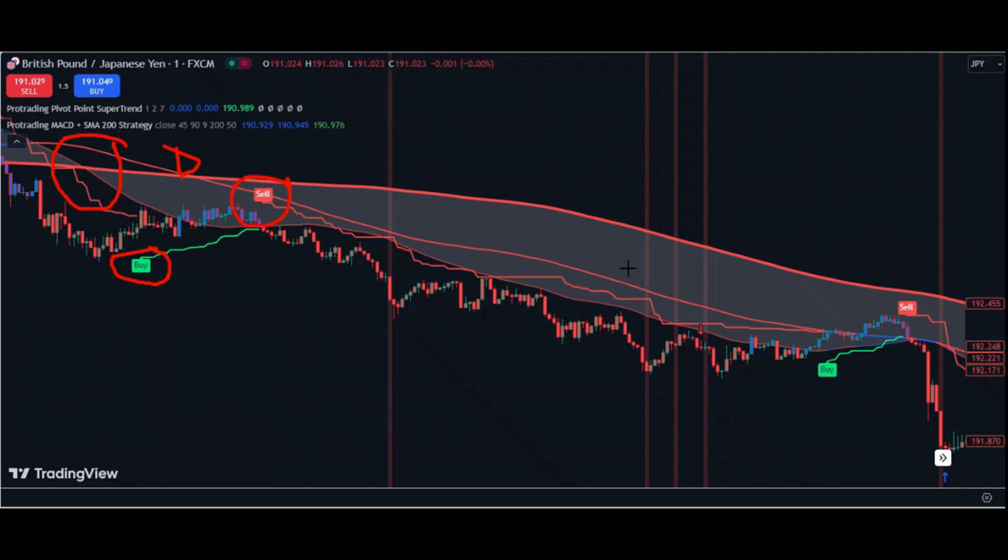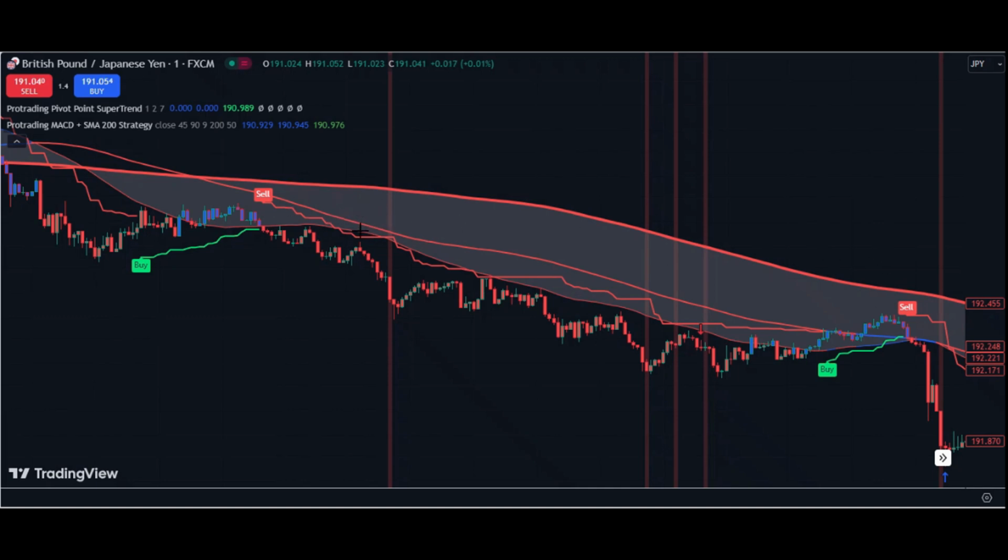We will take the sell signal when price has closed outside this cloud. This cloud is our muddy water, so we don't want to take a trade when price is inside the cloud, because it means there is a consolidation at that point.